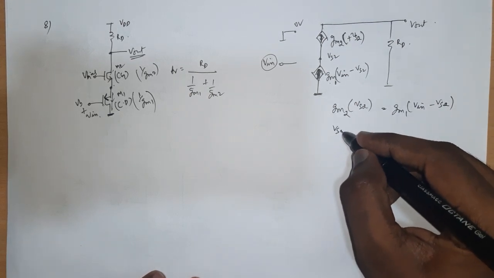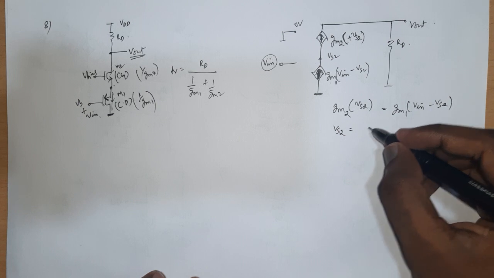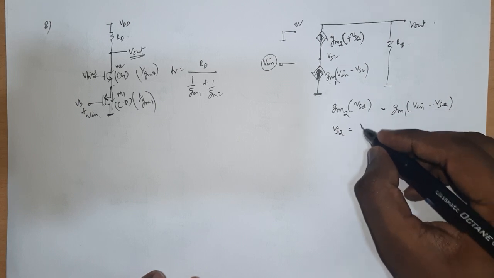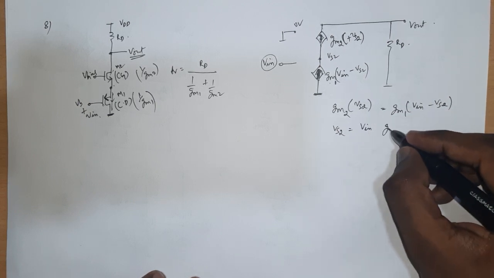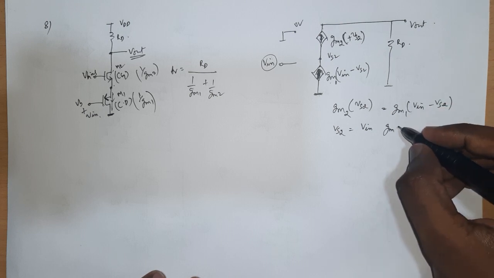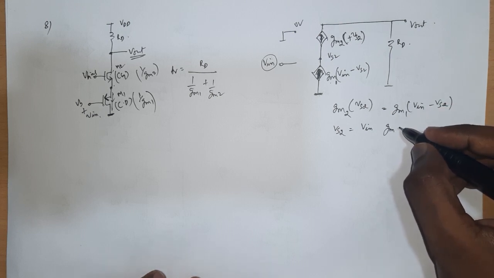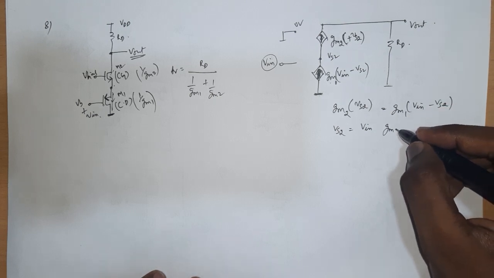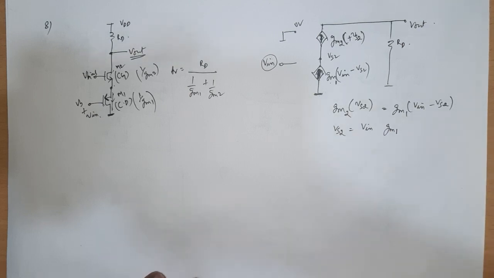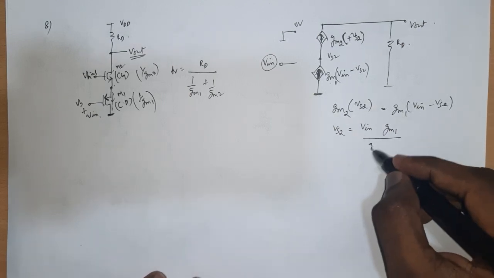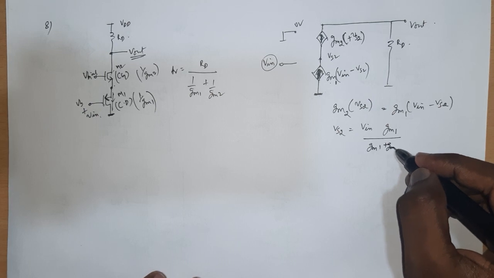From here one can obtain VS2 as Vin multiplied by gm1 divided by gm1 plus gm2.